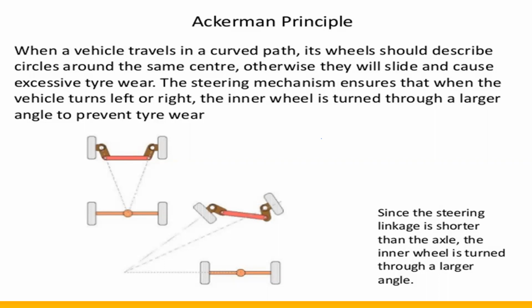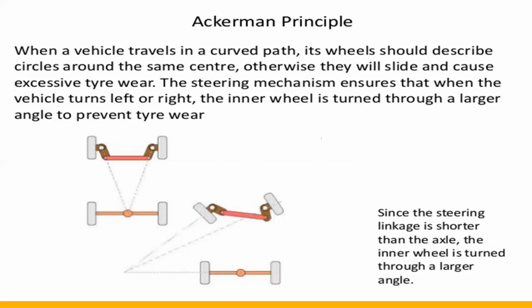The Ackermann principle is used so the vehicle can turn at angular directions, where a number of turnings are there. It is also known as the center point steering system.